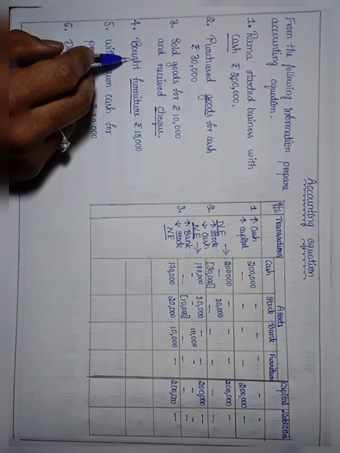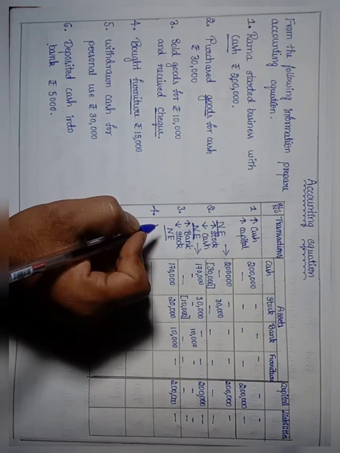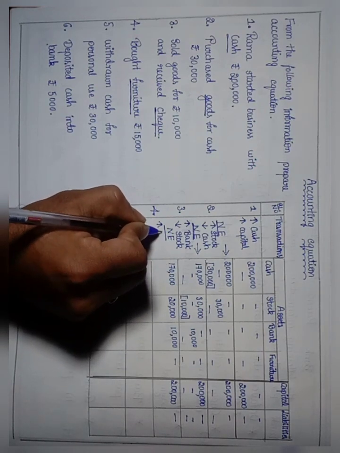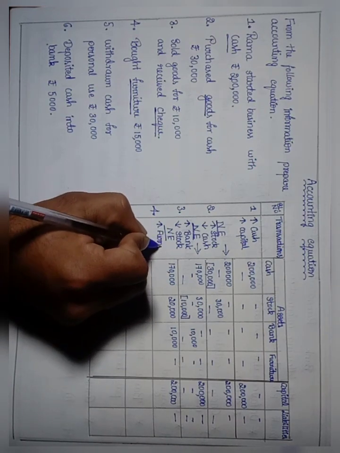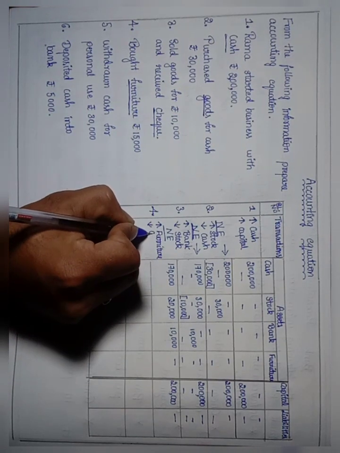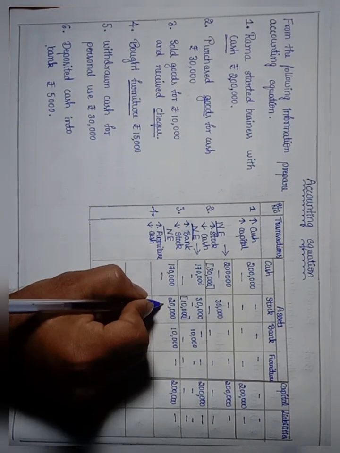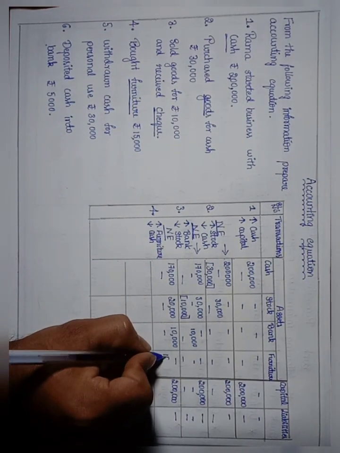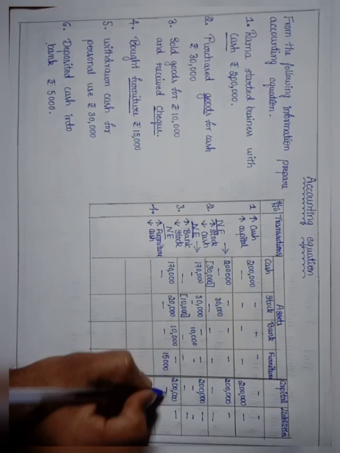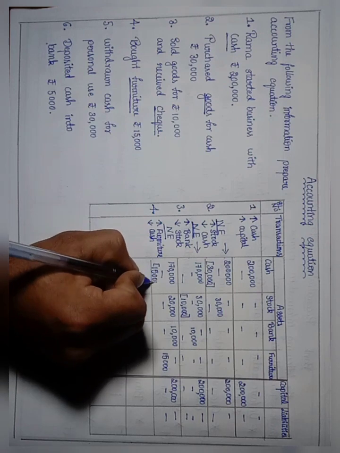Then fourth transaction, bought furniture, which means we are purchasing furniture and we are paying cash, so it will increase furniture and it will decrease cash. So we are purchasing for 15,000, so furniture balance will increase by 15,000 and cash balance will decrease by 15,000.